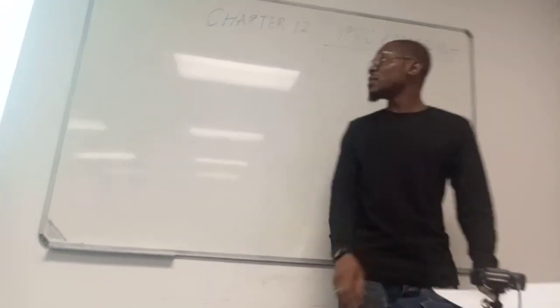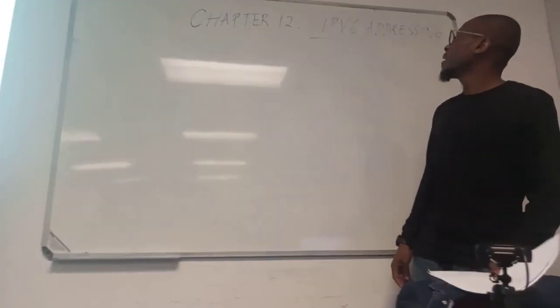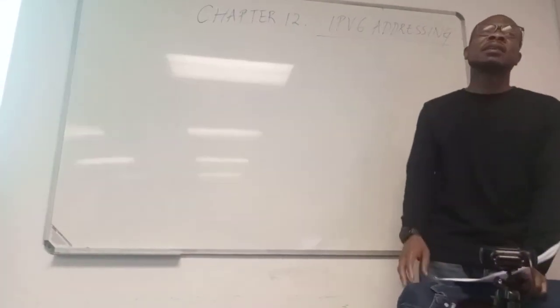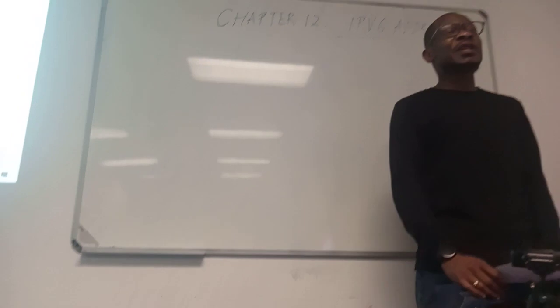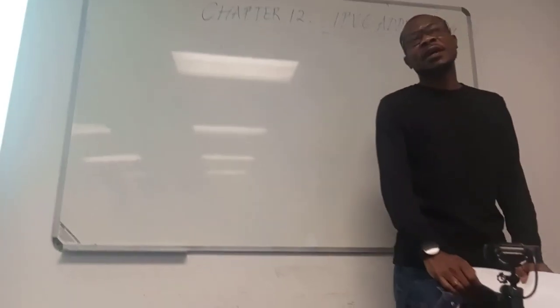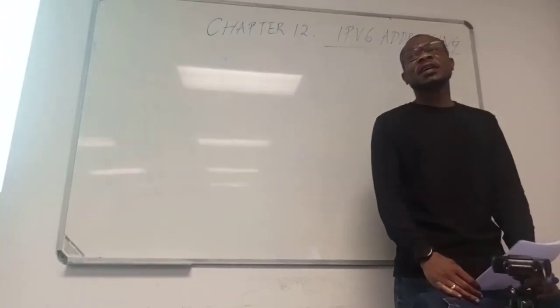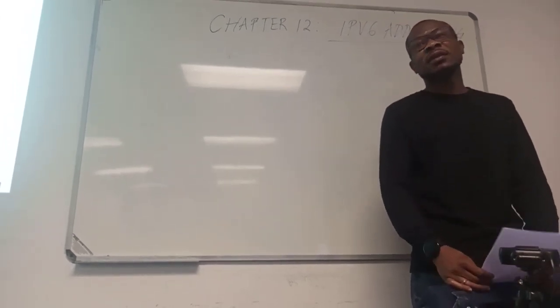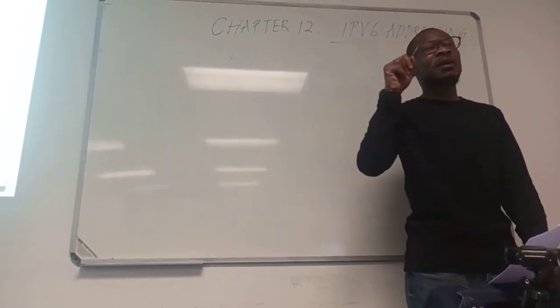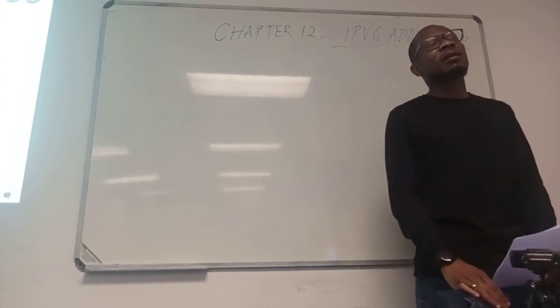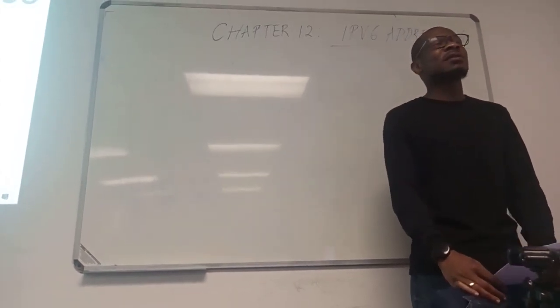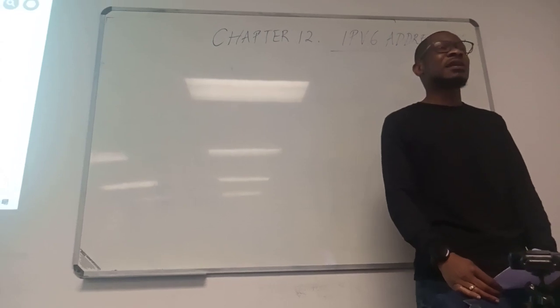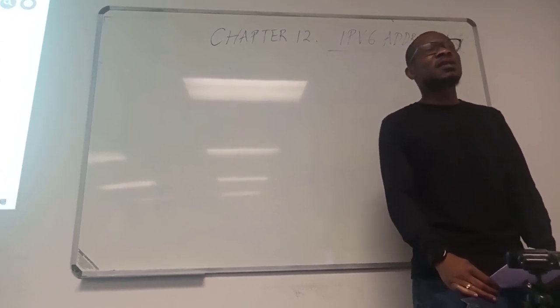Let's start our chapter 12, IPv6 addressing. We did already most of the stuff here, so I'm just going to add a few things that are left. I won't go deeper because we did already this lesson. We did even the configuration, so many things about IPv6.